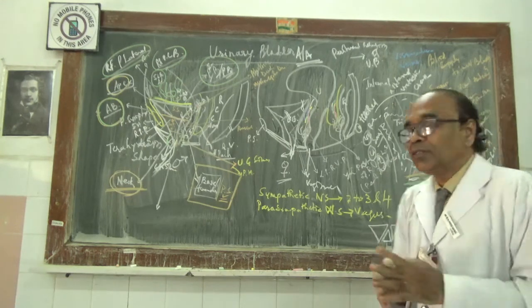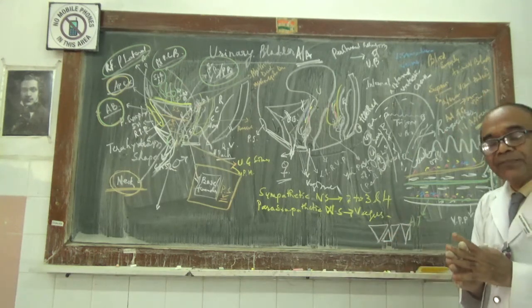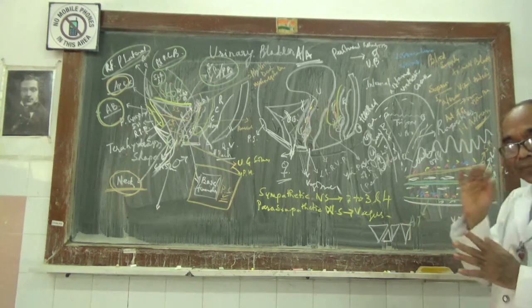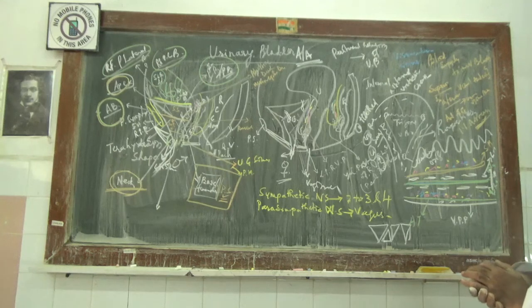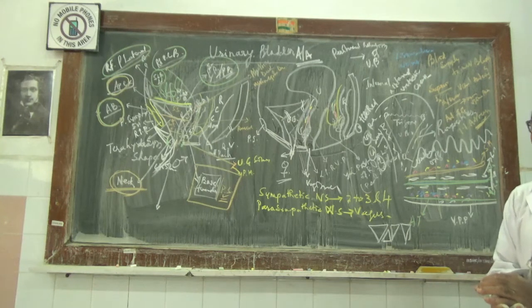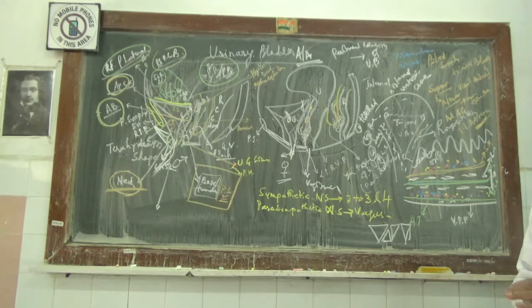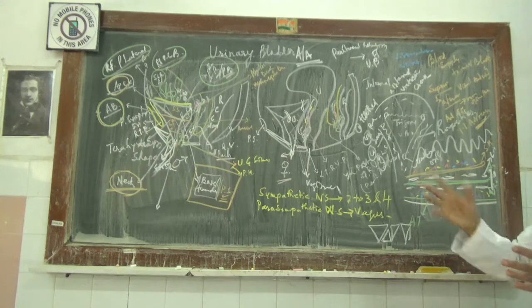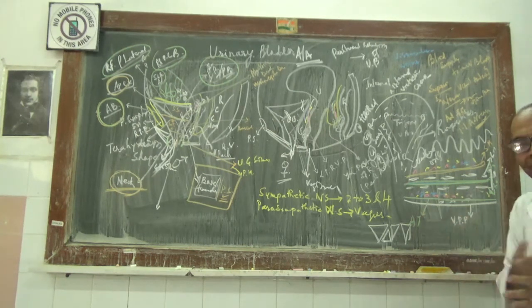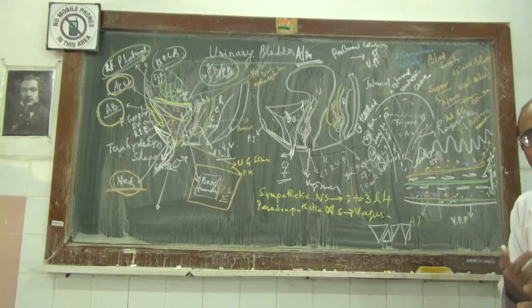But in the examination, urinary bladder may come for a full essay. Describe the urinary bladder, 5 marks. Tell the relation of the urinary bladder at the base in male and in female separately. Histology of the urinary bladder, 5 marks.